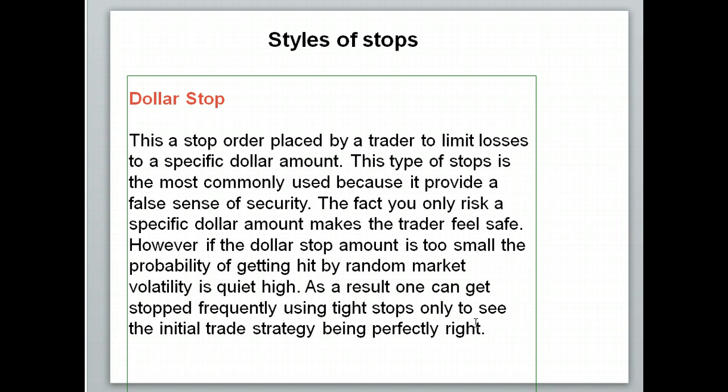However, the placement of that stop is not market based. It's based on you deciding the dollar amount you're willing to lose. So what happens in the majority of cases in the long term, when you use dollar stops, is you get stopped out more often because of market volatility rather than because you were wrong in your trade decision.